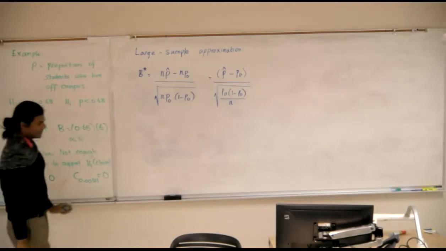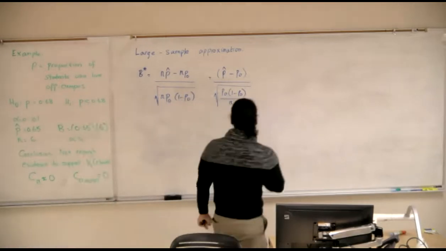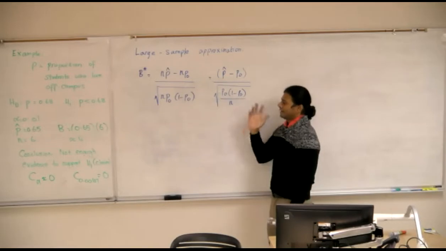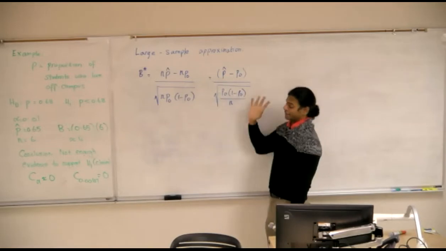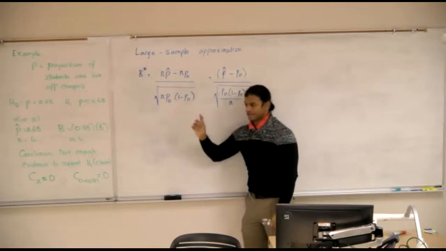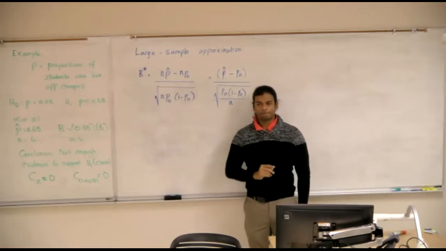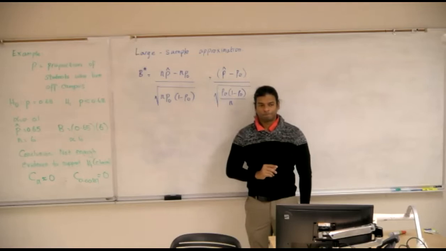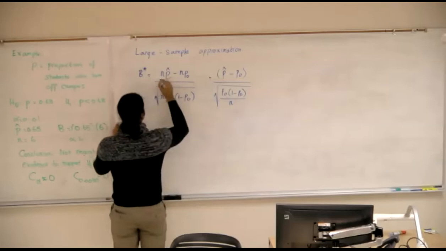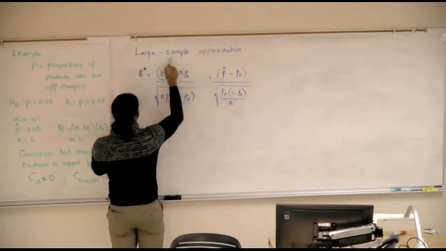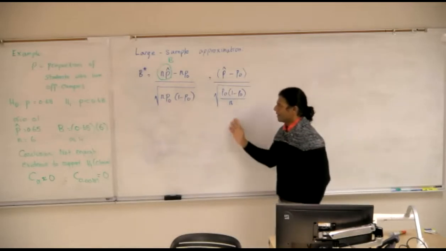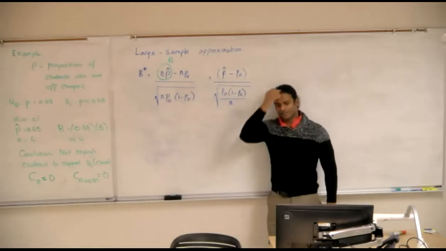So the proportion is given, so I'm just going to stick with this version. But if the problem gave 3 out of 6 students, I would go with this one. That is nothing but B, all X number of successes.